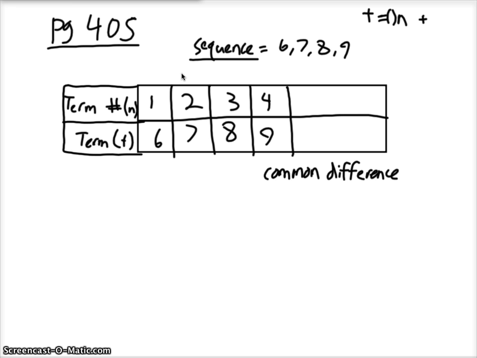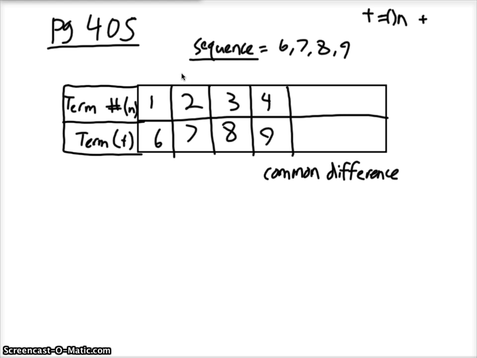So the number set that we're looking at, our sequence, is always going to be, like we were determining last time, a function. All of our number sets that will be given should be functions.